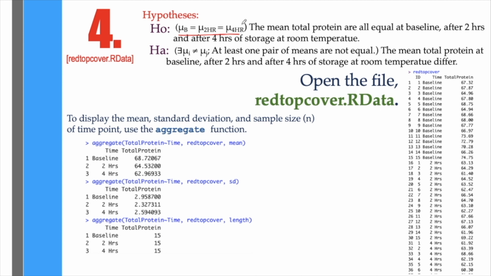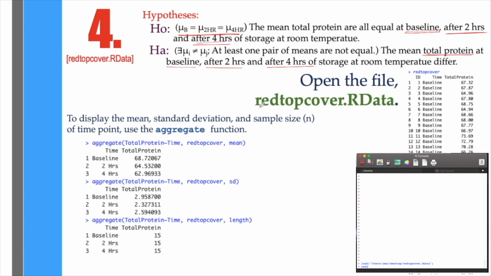In other words, the null hypothesis is that time has no effect, meaning the total protein did not change from baseline after 2 hours and 4 hours. Whereas the alternative hypothesis simply states that time has an effect on the total protein of the serum when stored at room temperature, at baseline, after 2 hours, and after 4 hours.